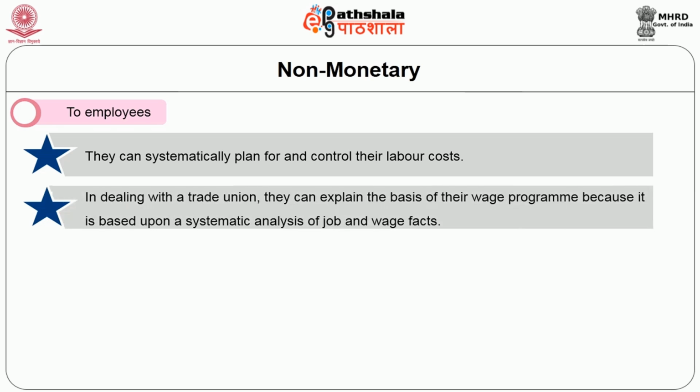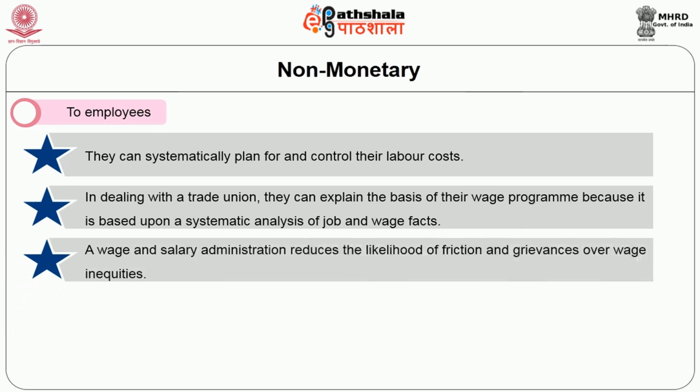In dealing with a trade union, for example, they can explain the basis of their wage programs because it is based upon a systematic analysis of job and wage facts. Also, wage and salary administration reduces the likelihood of friction and grievances over wage inequities.